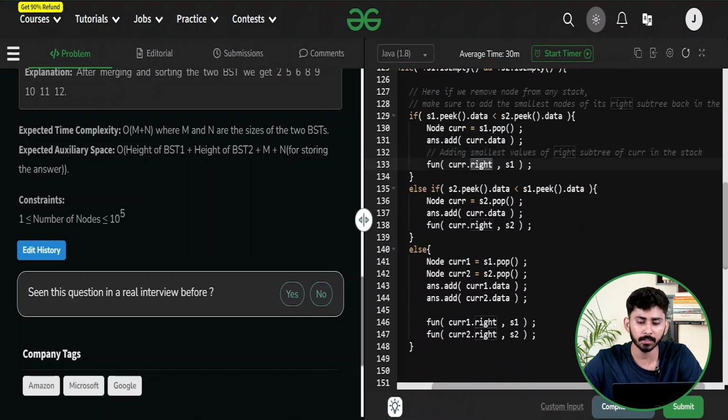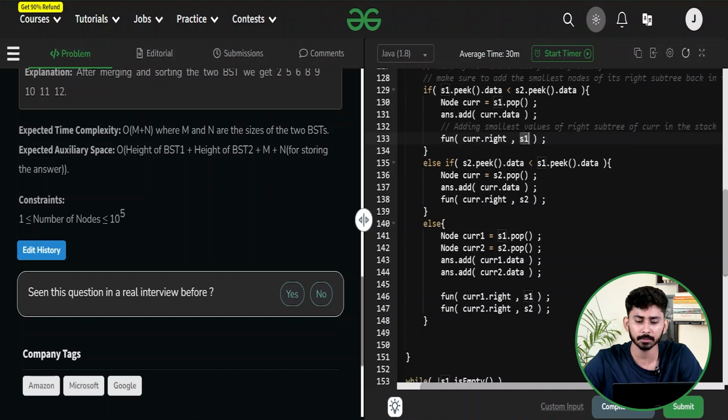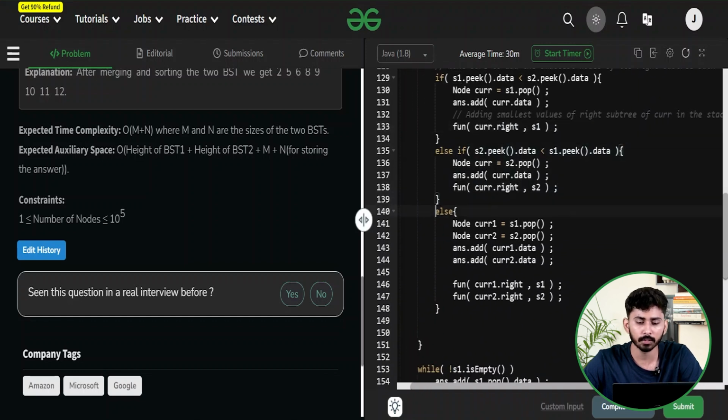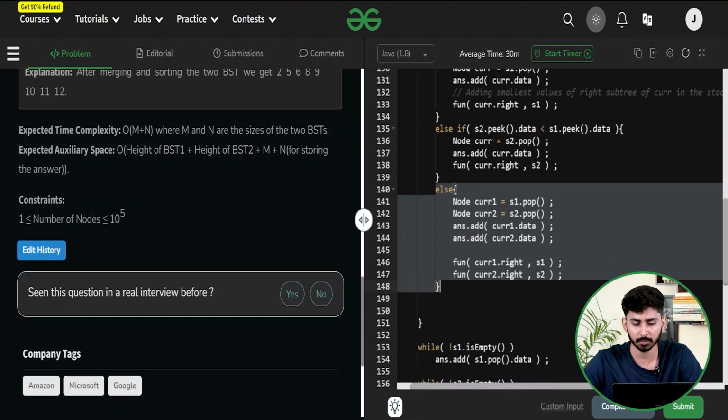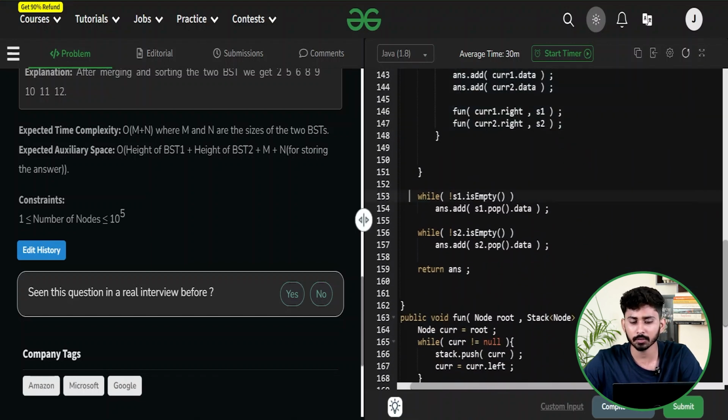So I'll call this function with the right subtree of current and populate the S1. Similarly for S2, and if both the elements are equal, I'll do this for S1 and S2. And at the end, whichever stack is not empty, I will pop all the elements and add them inside the answer. And at the end, just simply return the answer.